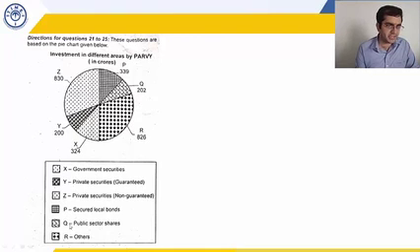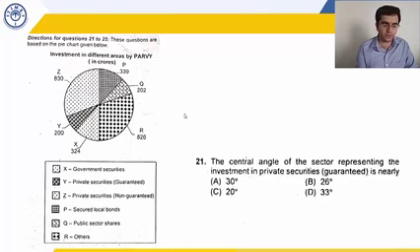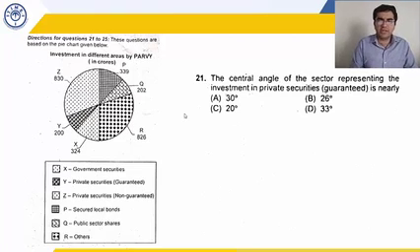All these areas are given X, Y, Z, P, Q, R. The names are written: government securities, private securities, guaranteed, etc. And the investment in crores is given. The absolute data is given. So again, it's fairly easy data, no complications. So let's look at the questions.